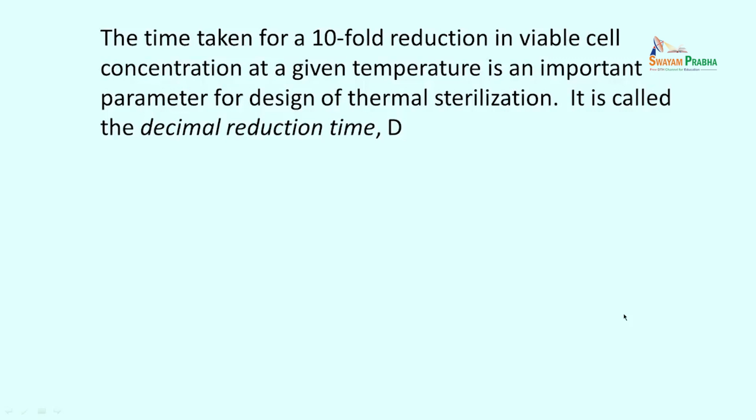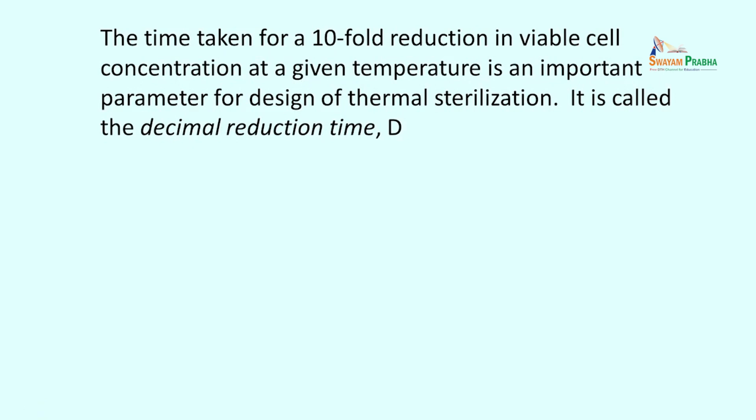The time taken for a 10-fold reduction in the viable cell concentration, when it was initially a certain value and has gone down to 1/10 of what it was initially, at any given temperature, is an important parameter for the design of thermal sterilization.